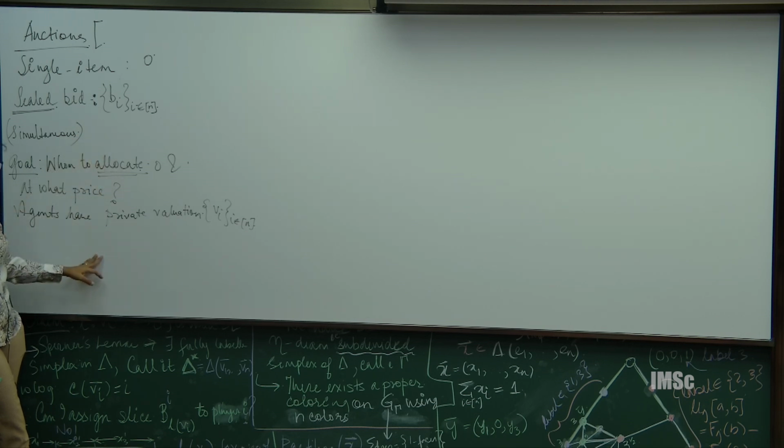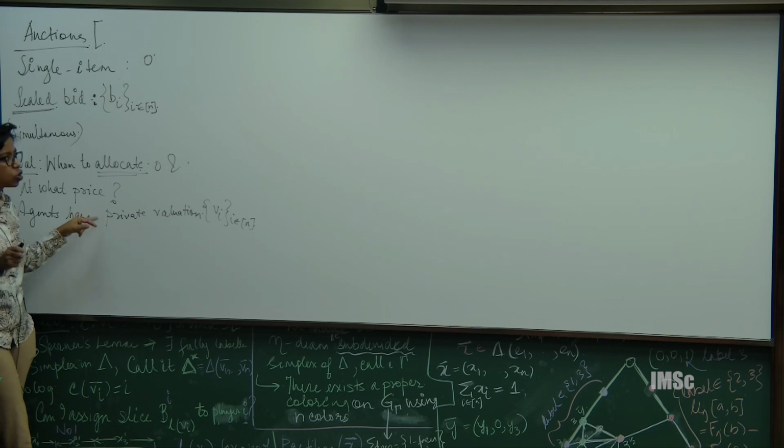A person might think, this item actually means a lot to me, so I could potentially bid high, and if I am the highest bidder, I am going to get the item, and suppose the price is whatever the highest bid is, that is the price at which the item will be assigned to the highest bidder.